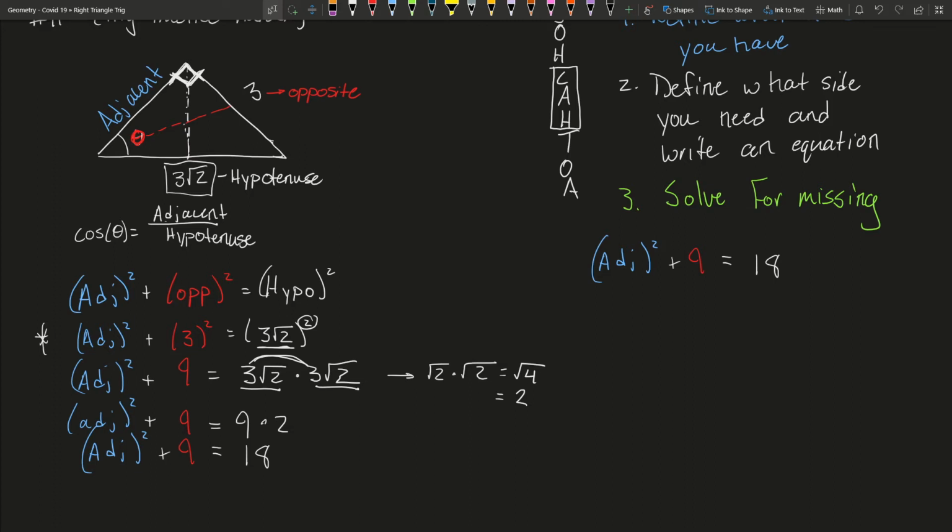So now we have the adjacent squared plus 9 is equal to 18. We're trying to solve for that adjacent squared, trying to get the adjacent by itself. In order to get that by itself, we have to subtract 9 from both sides. When we subtract 9 from both sides, we're left with the adjacent squared on the left-hand side, and 18 minus 9 is just 9.